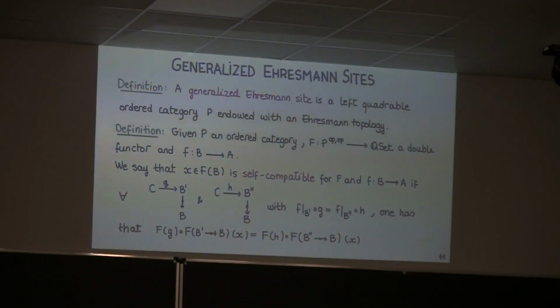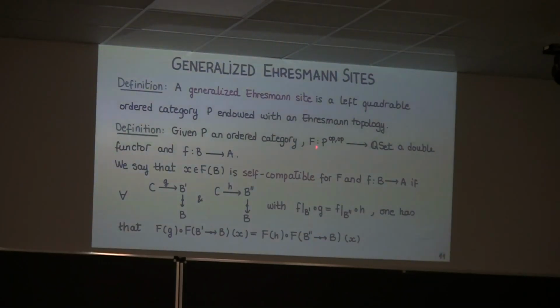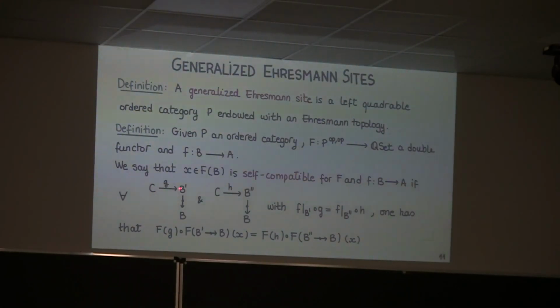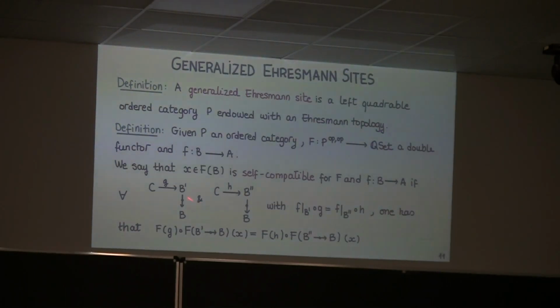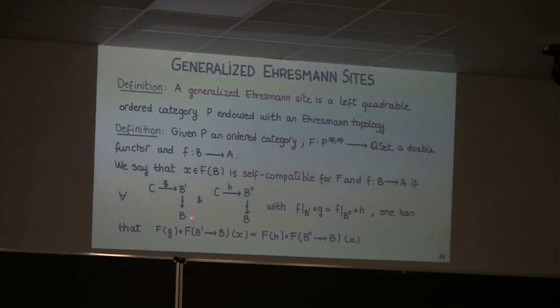But now we have some topological horizontal information. So I have defined compatibility for vertical arrows. I need now compatibility for single horizontal arrows, and that's this definition here. It's self-compatible for F and this single arrow if I have two arrows starting from C and landing in B, such that if I compose with F, so compose with the restriction of F, they are the same, then they have to be sent by F from here to here to the same piece.